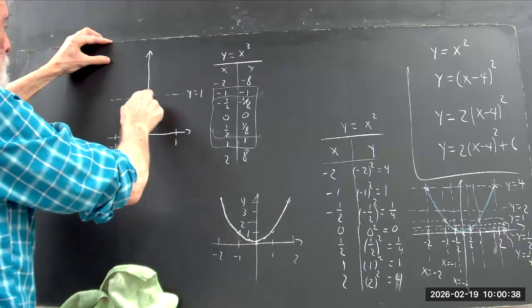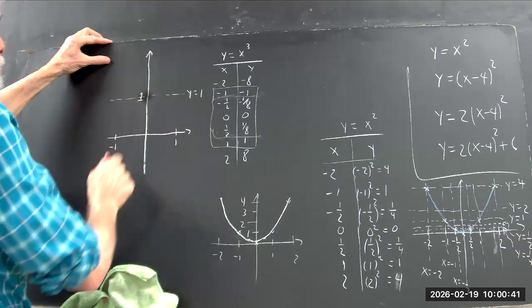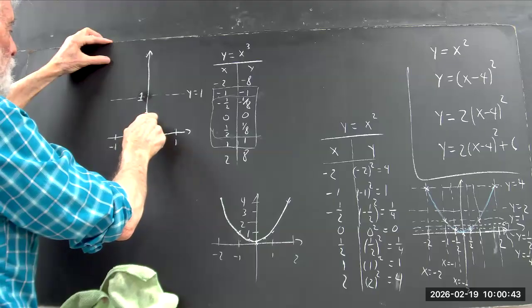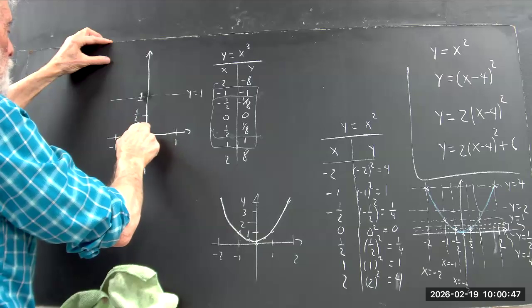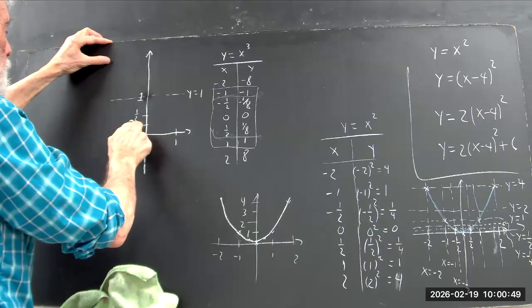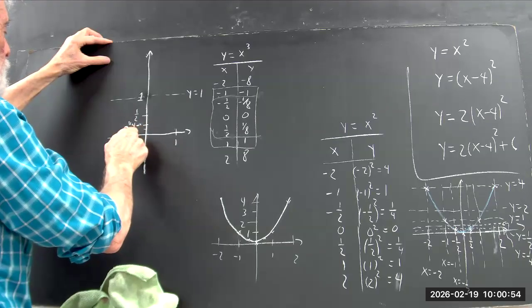And I could label that by putting a 1 here on the y-axis. And then here's 1/2. Here's 1/4. And here's 1/8.